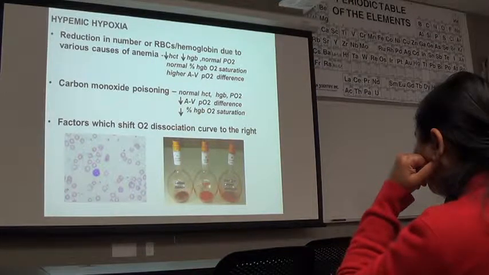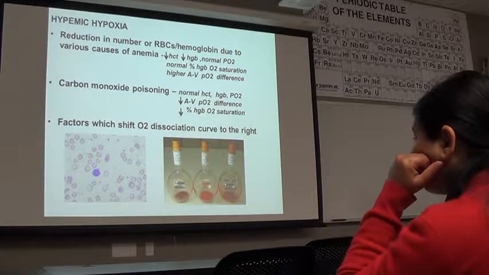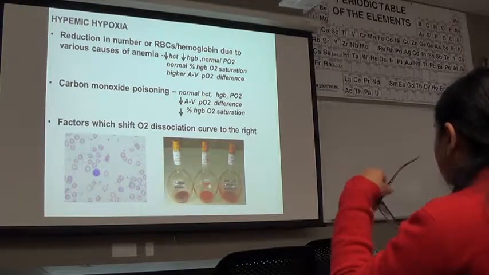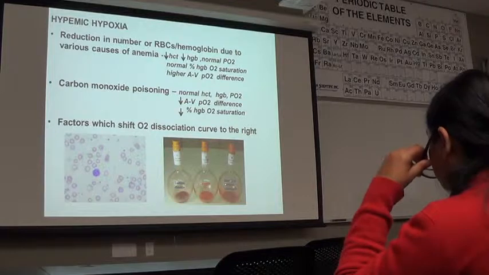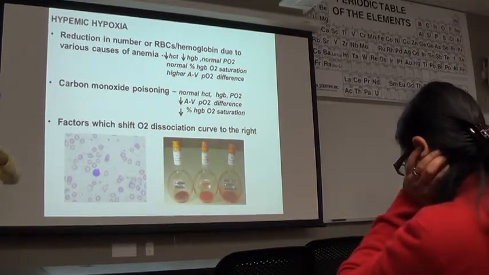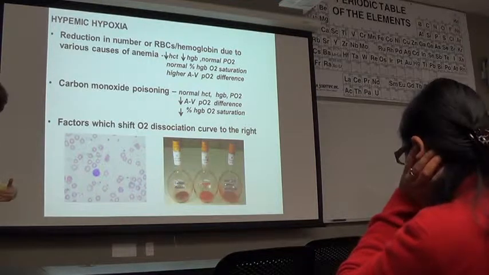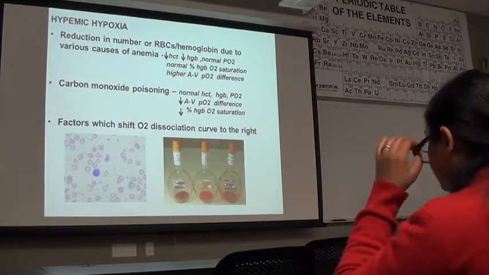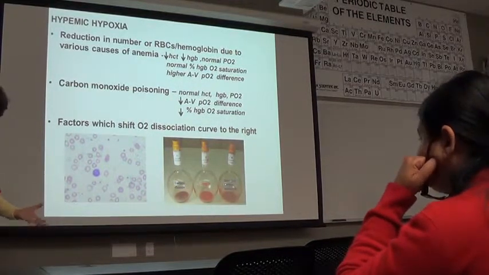What's the AV difference? That's the difference between the arterial and the venous concentration. We would have a normal arterial PO2, but we'd have a very low venous PO2. Normally it's 40 millimeters of mercury because what the tissues use is being replaced by oxygen coming off the hemoglobin. As the tissues are using oxygen out of the plasma, oxygen's coming off the hemoglobin.